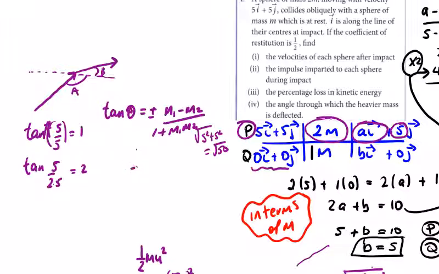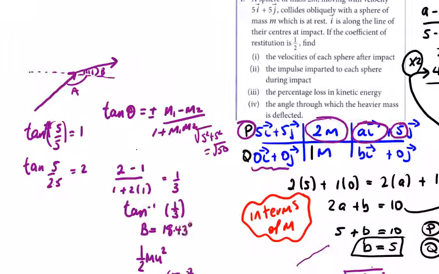Let's just do the 2 minus 1, make it positive. 2 minus 1 over 1 plus 2 times 1 is equal to 1 over 3. And the inverse tan, we're getting the acute angle, not the whole angle. The inverse tan of 1 over 3 gives our angle B, or our deflected angle, to be equal to 18.43 degrees.